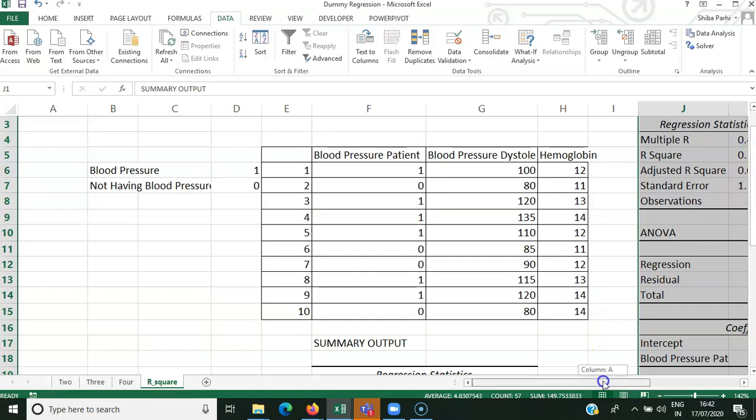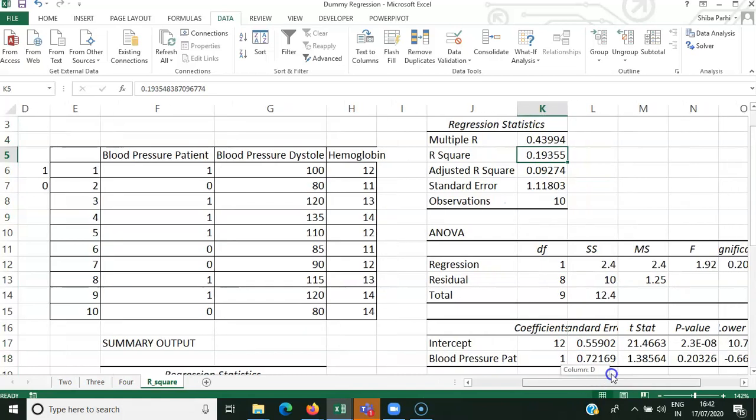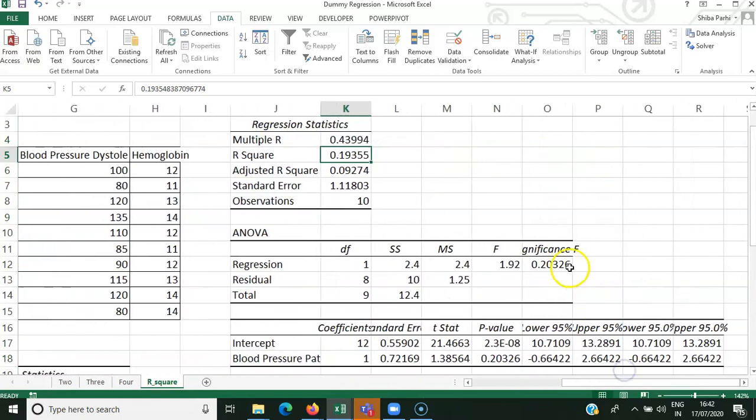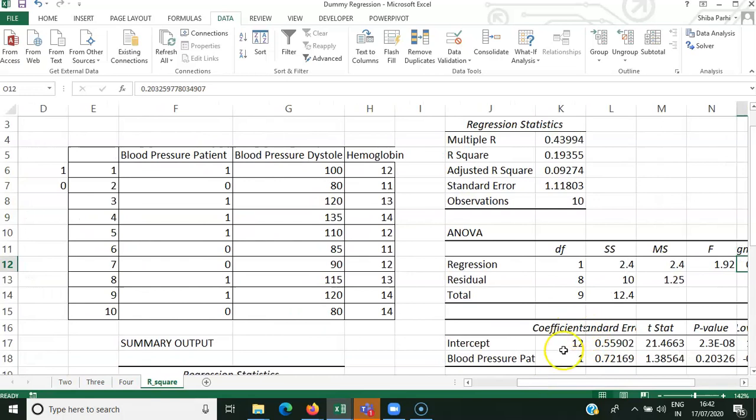But while doing the same regression with hemoglobin, this hemoglobin data of 10, I'm getting just an R square of 0.19, and here you can see the significance is not there. So this model is not significant, and it is not predicting, even if it is giving some predicted value 12 as the intercept, and the difference between the blood pressure group and non-blood pressure group is 1.